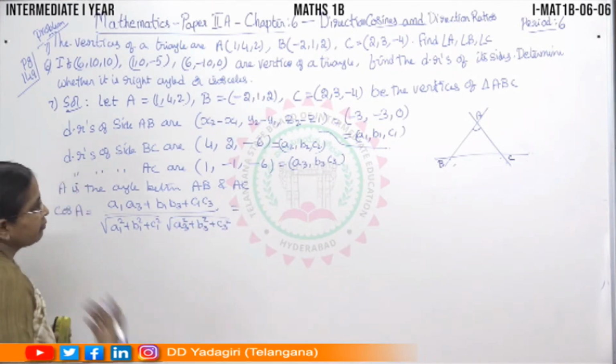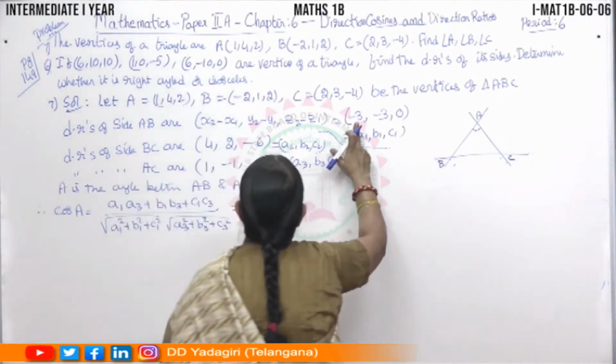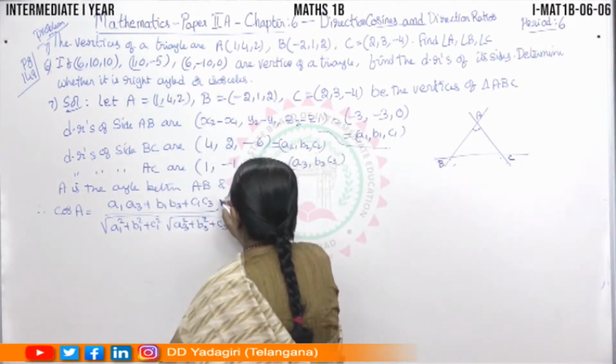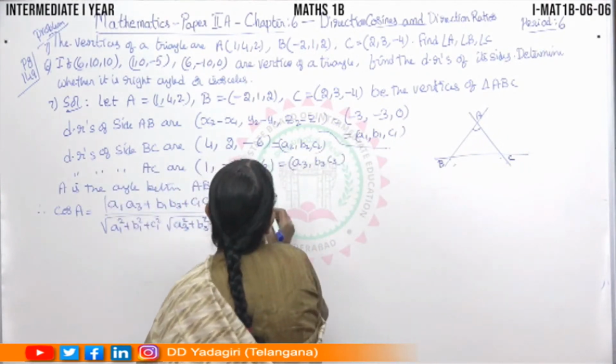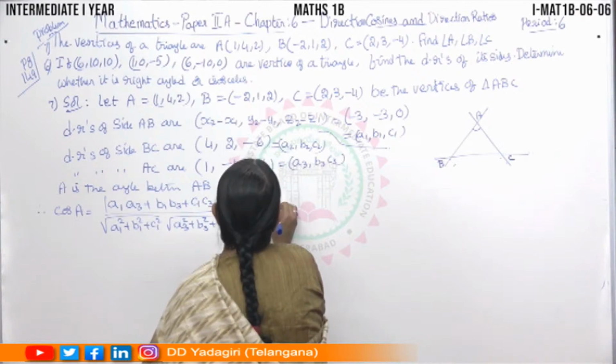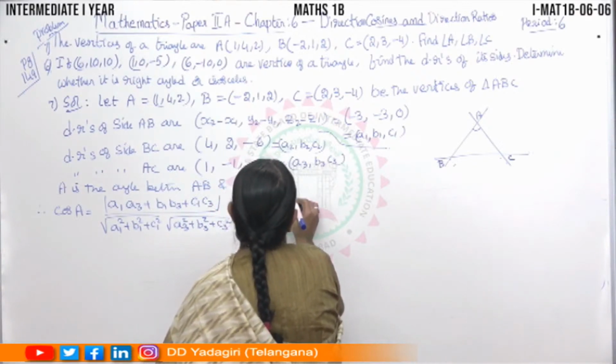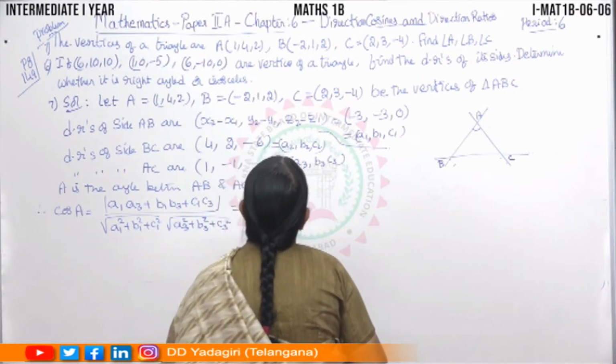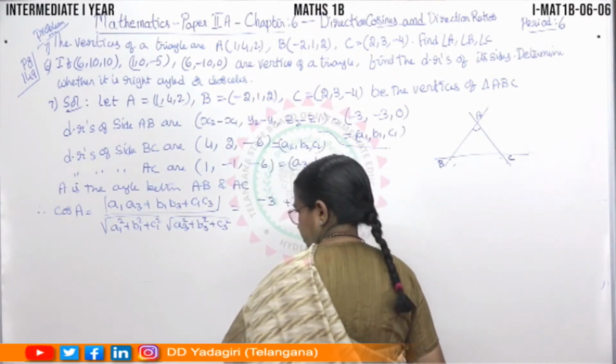Now find a1 a3: minus 3 into 1 is minus 3, and then plus 3, plus 0.